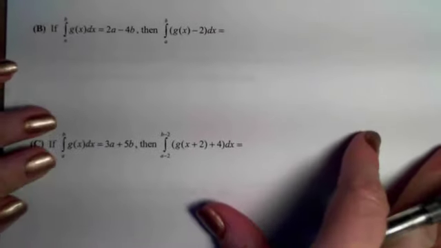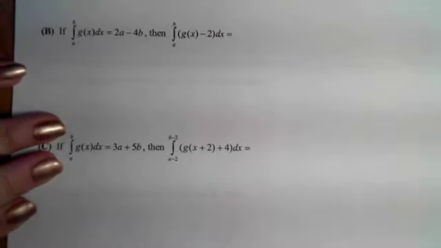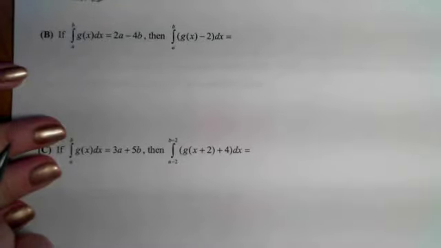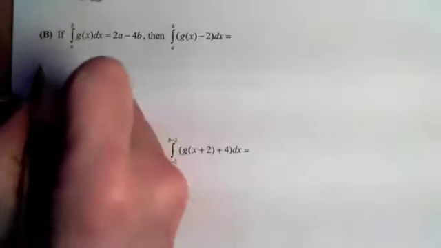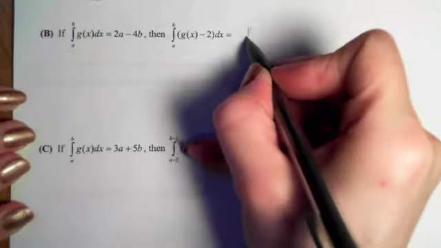So let's look at b. Same process. I have g of x. The integral from a to b is 2a minus 4b, and I want to compute this new one. So I'm going to rewrite this new one using properties of integrals.